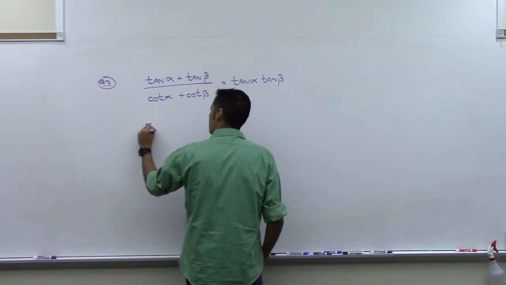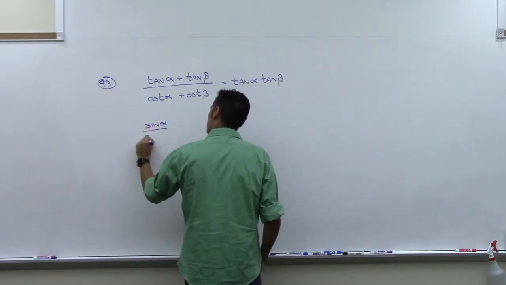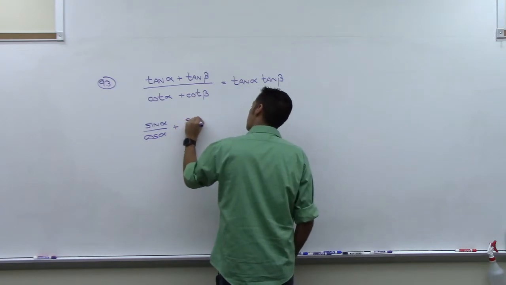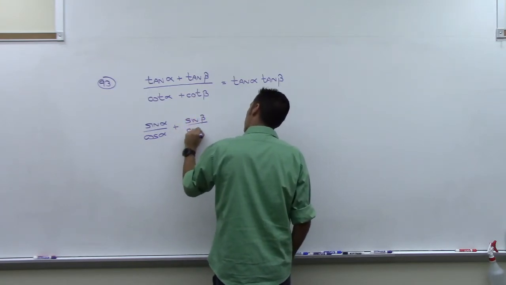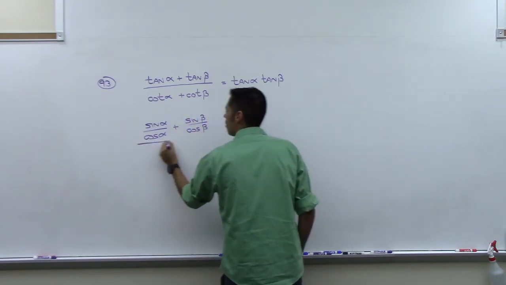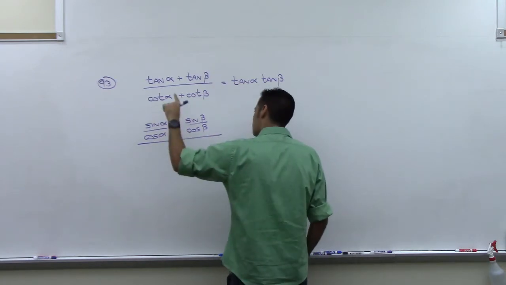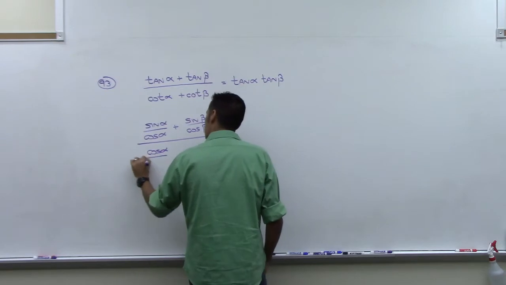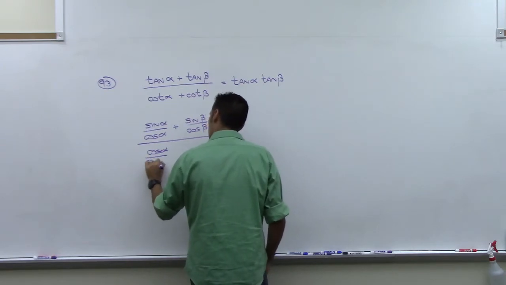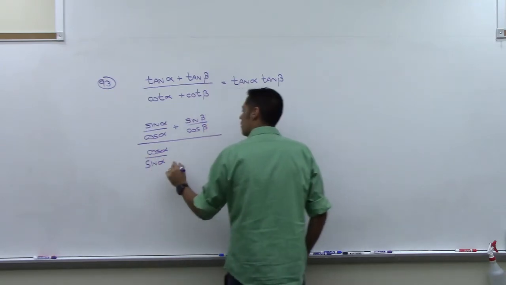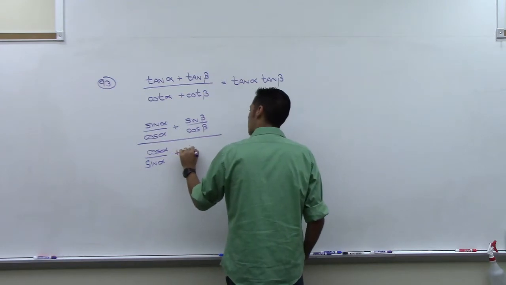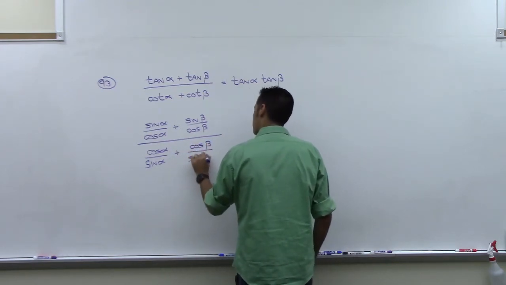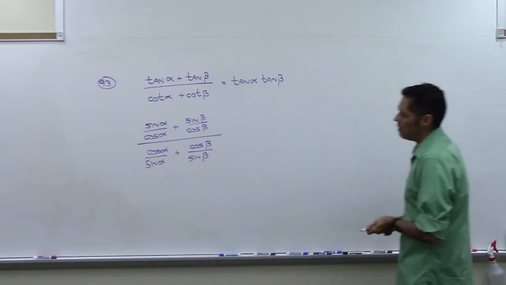This right here, sine alpha over cosine alpha, plus this one right here, sine beta over cosine beta. Then the whole thing over, cotangent is a reciprocal of tangent, so this is going to be cosine alpha over sine alpha plus cosine beta over sine beta. All right, so that's my left side.